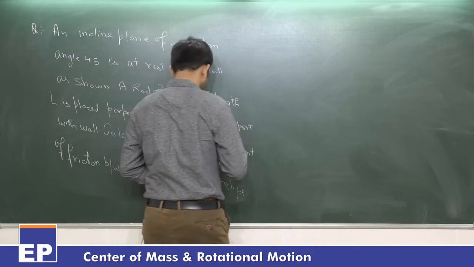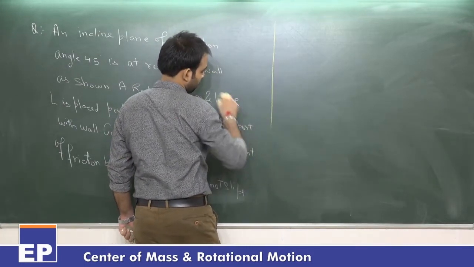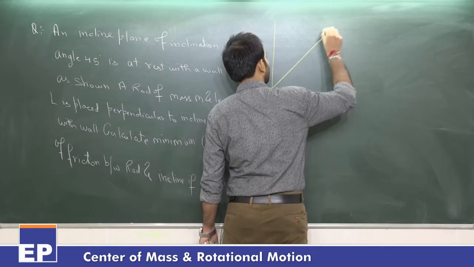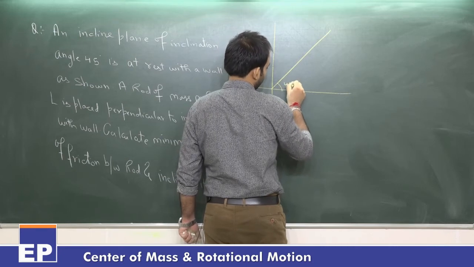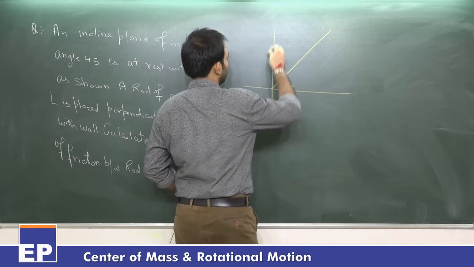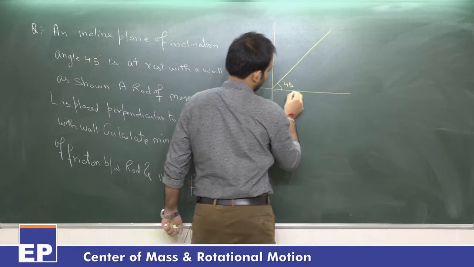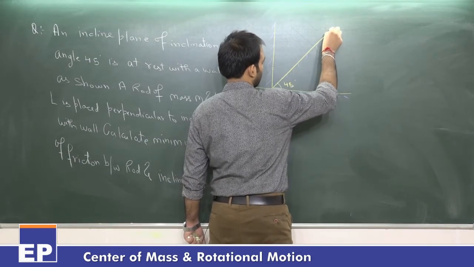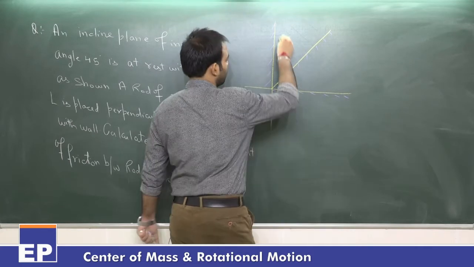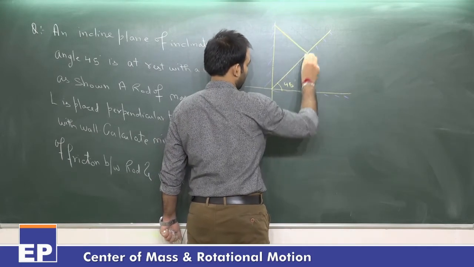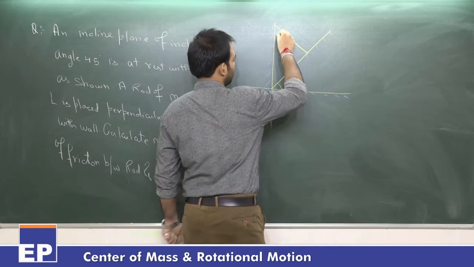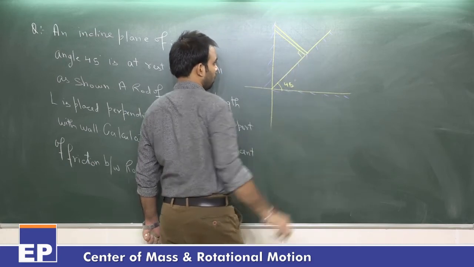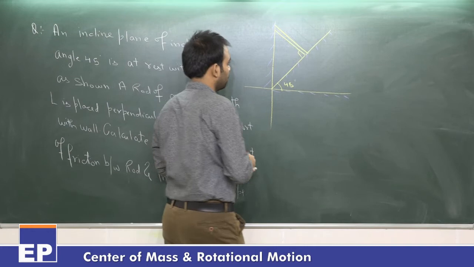This is the thing. हमारे पास ये चीज है, there is an incline there at an angle of 45 degrees, and this is this. Now the rod is placed perpendicular to it. This is the rod placed perpendicular to it.